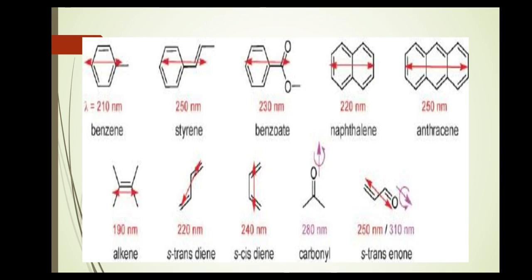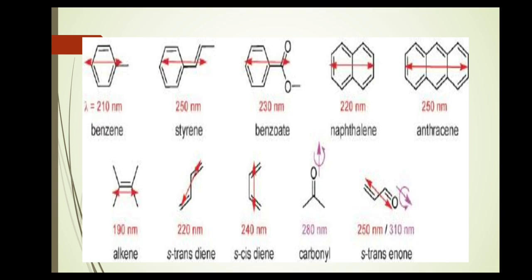So here in this slide we can see simple examples of different chromophores. First example is benzene. Benzene has 3 alternate double bonds, so pi to pi star transitions are possible, and its absorption is at 210 nanometers. Similarly, the next example is styrene.